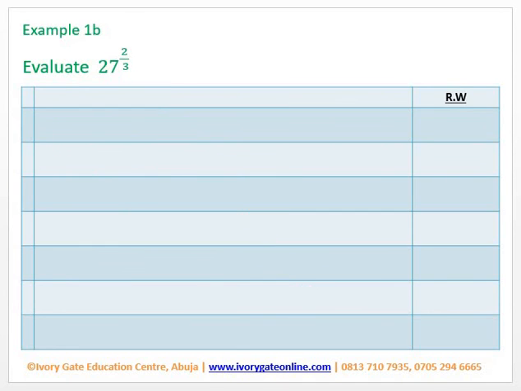Okay, the second one, 1b, 27 raised to power 2 over 3. So this is the same as cube root of 27 all raised to power 2.